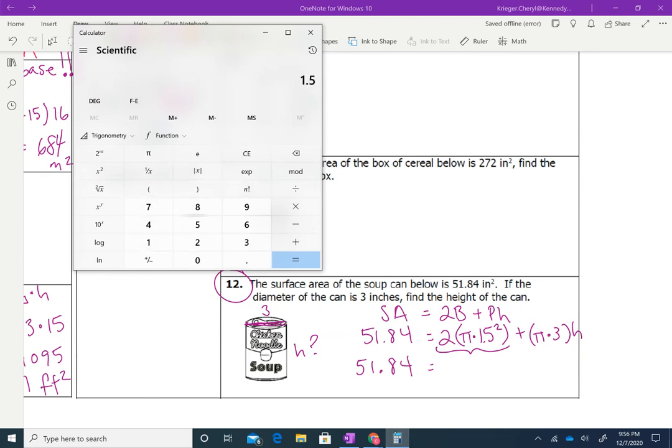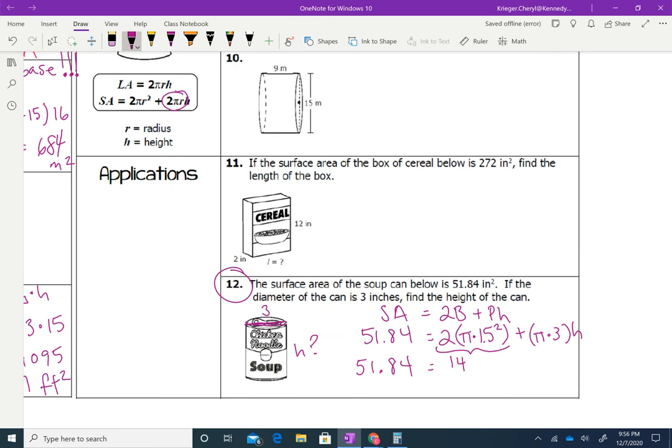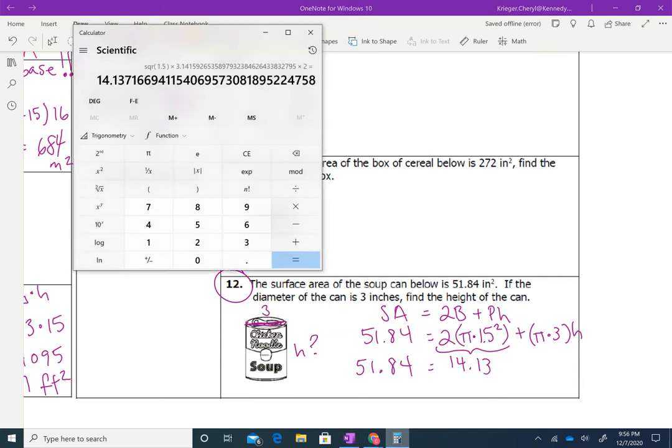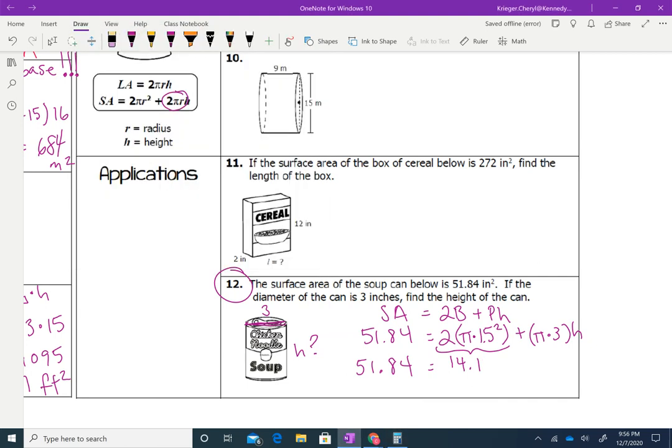So 1.5 squared times pi times 2 is 14.13, 7. I'm going to round that to 14.14. 14.14 plus pi times 3 times height.